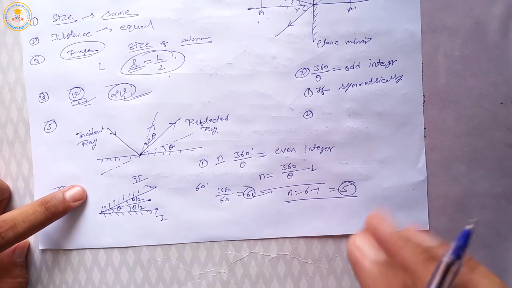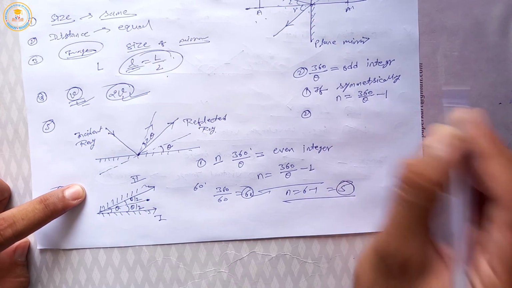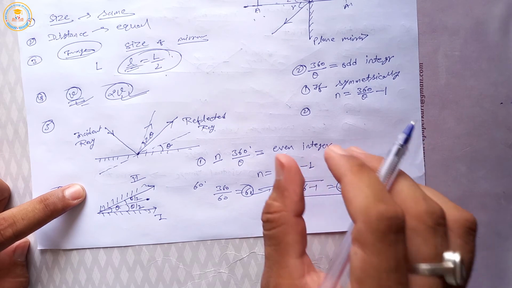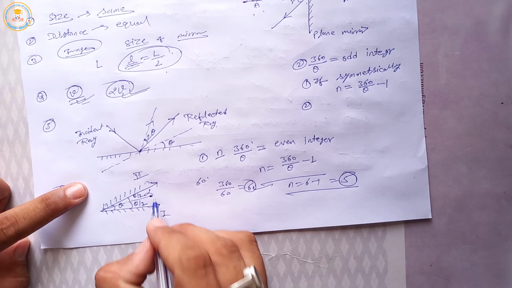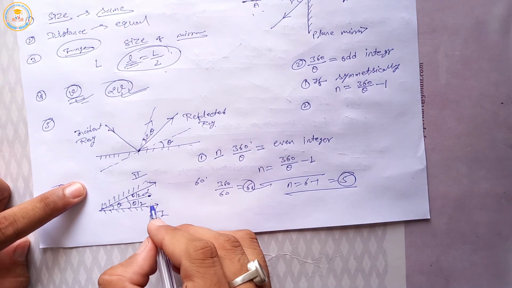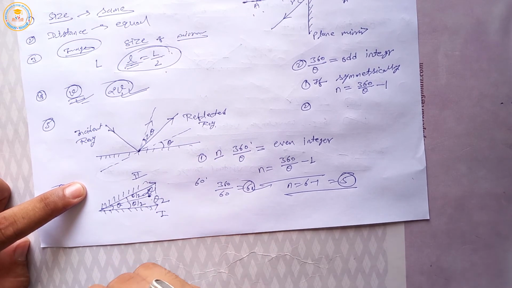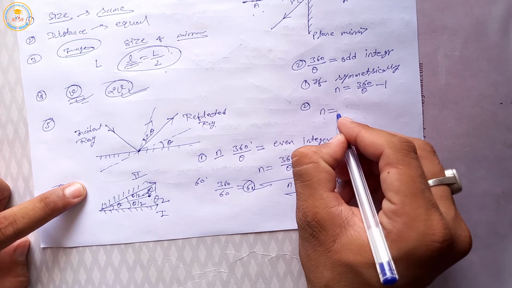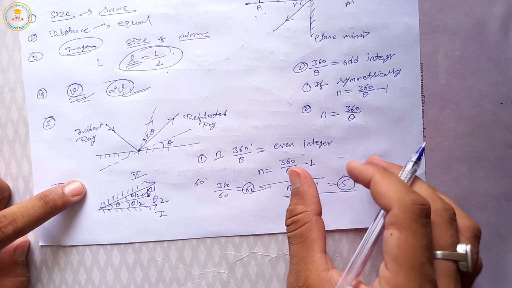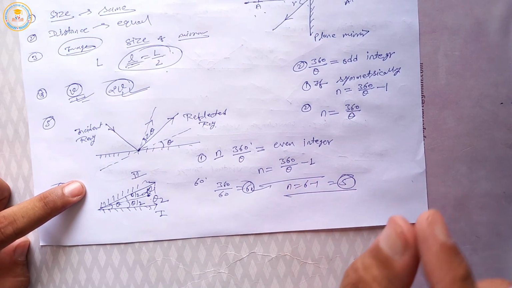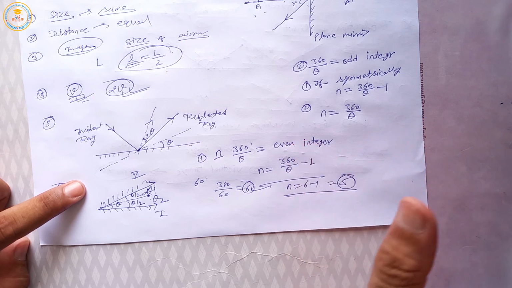Then the number of images n is equal to 360 upon theta minus 1. And another condition is, if the object is placed asymmetrically, then both angles are different, suppose this is theta 1 and this is theta 2. Then the number of images n is equal to 360 upon theta. Okay, and a very important thing is, if nothing is mentioned, the object is considered symmetrically placed.